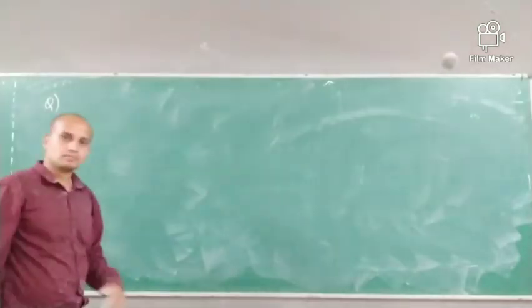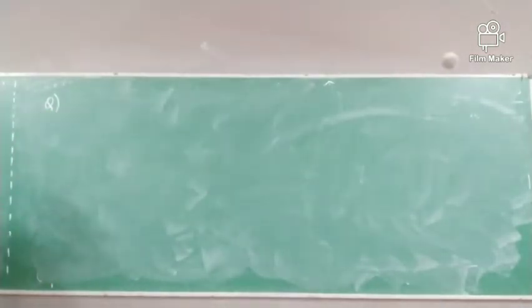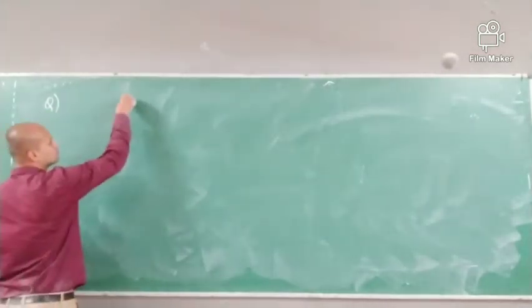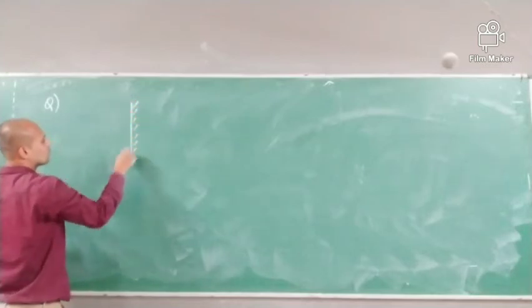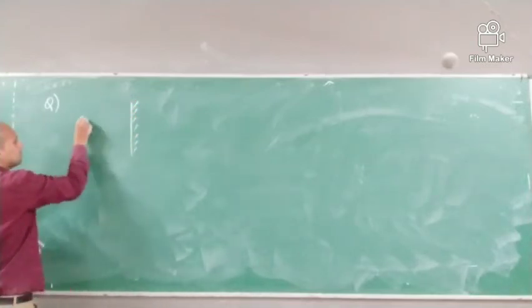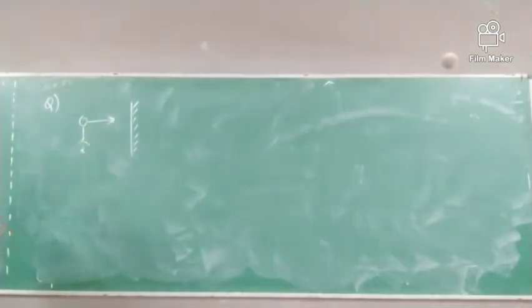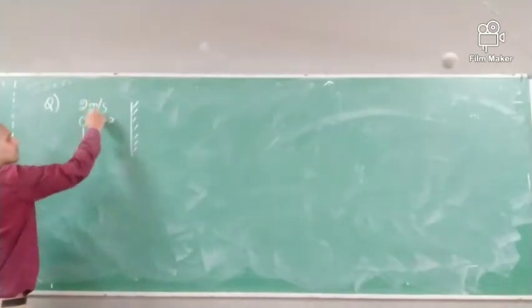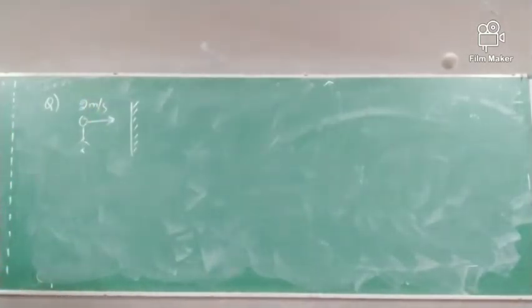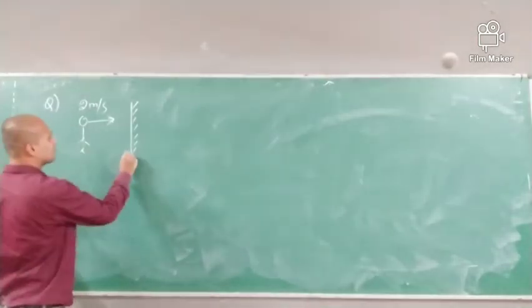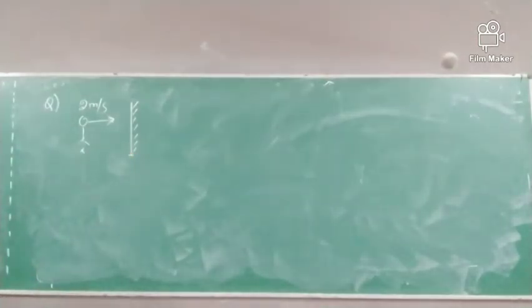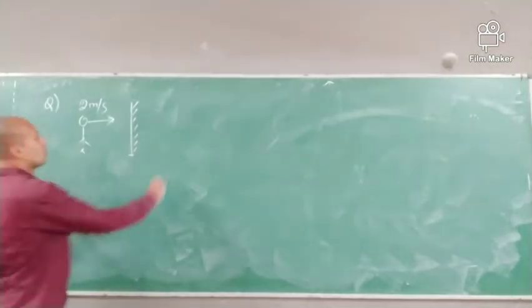We'll take one more question. The question is very simple. One mirror is there. One person is running towards the mirror with 2 meter per second. The mirror is at rest.